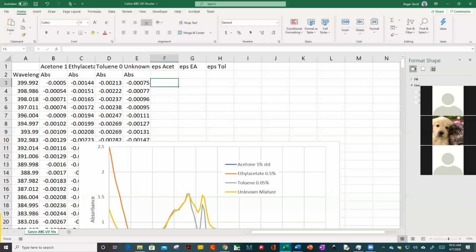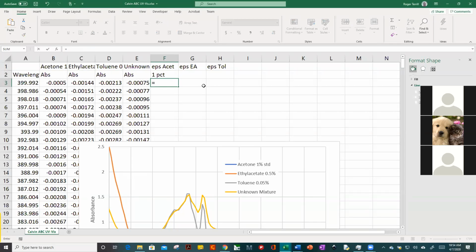So the concentration of these guys, we're going to get from, oops, this is the wrong one. Concentration for the standards. Concentration for the standards is going to be 1% for acetone, 0.5 and 0.05. So this is at 1%, right?